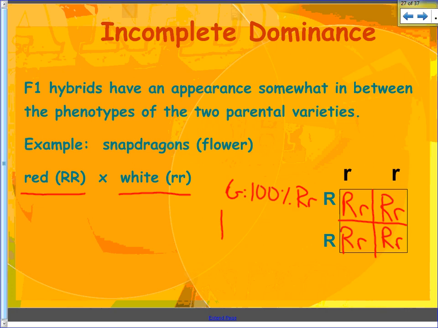However, the phenotype is pink. So taking a red flower and a white flower makes a pink flower. And this is incomplete dominance because that trait is an in-between of red and white.